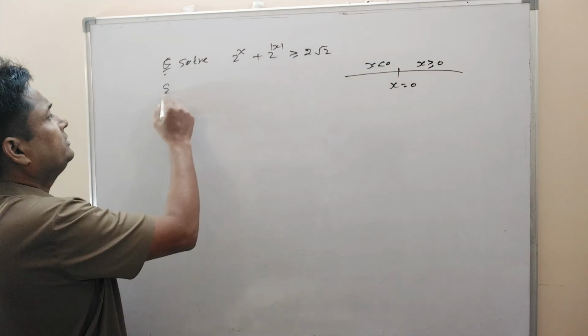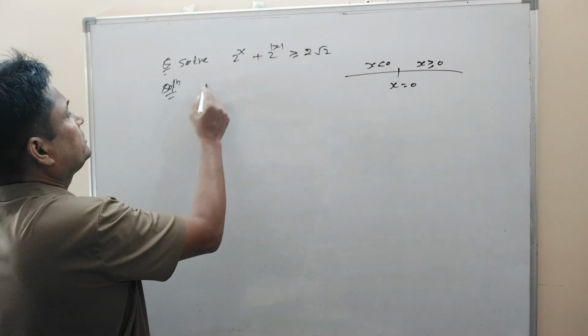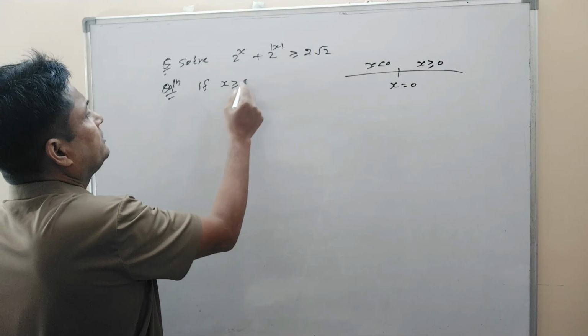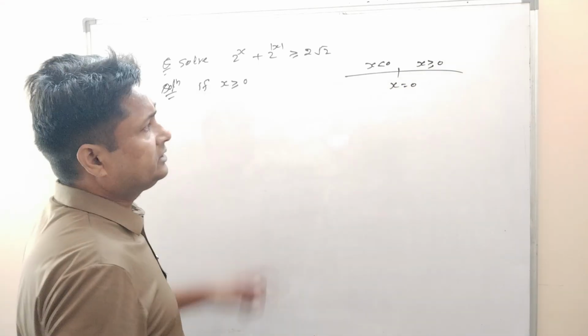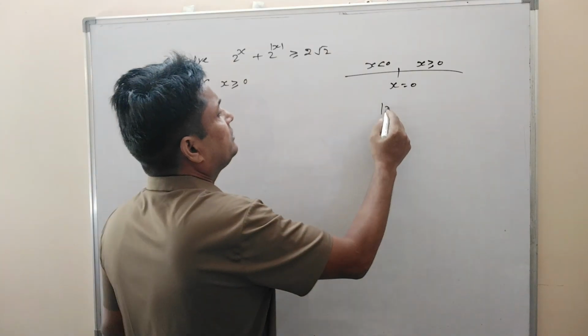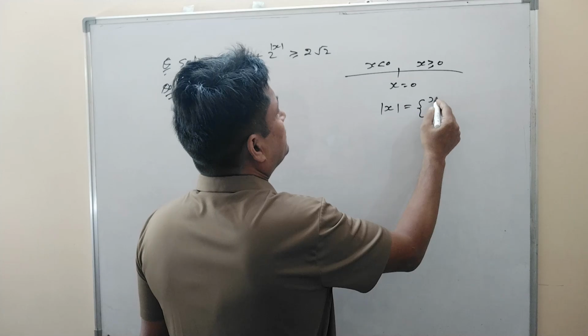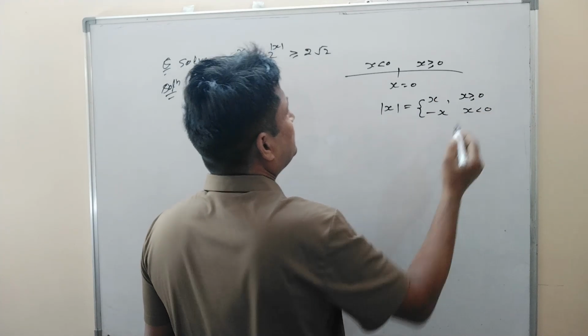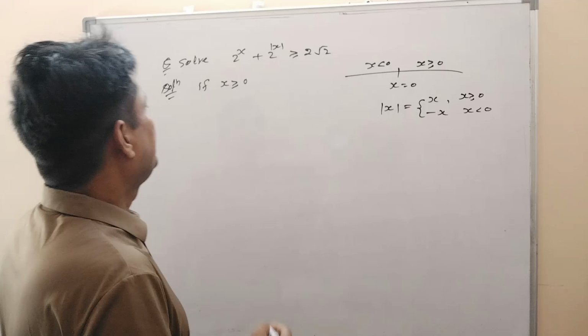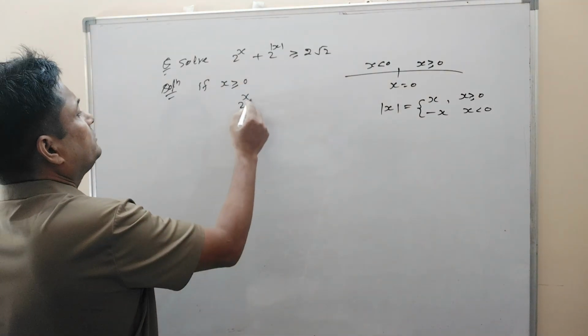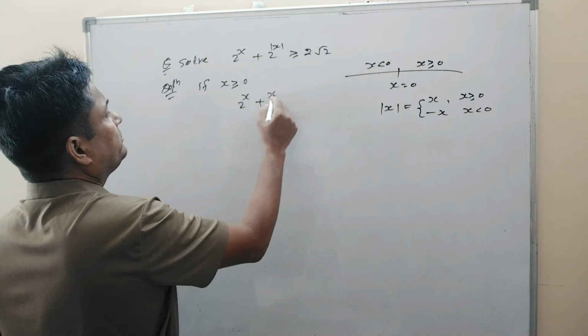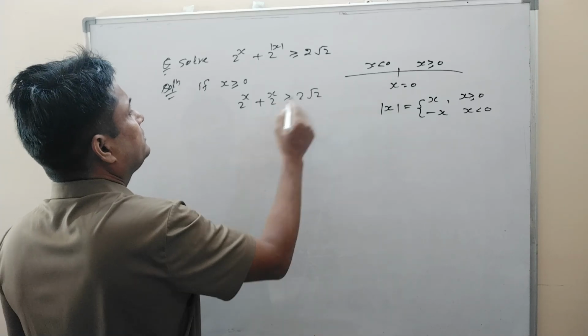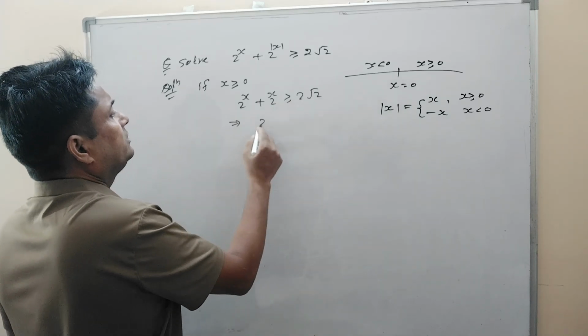You can break this into two parts. If x is greater than or equal to 0, then mod of x will be x, and minus x if x is less than 0. That means it will be 2 to the power x greater than or equal to 2 root 2. So this will be how much?